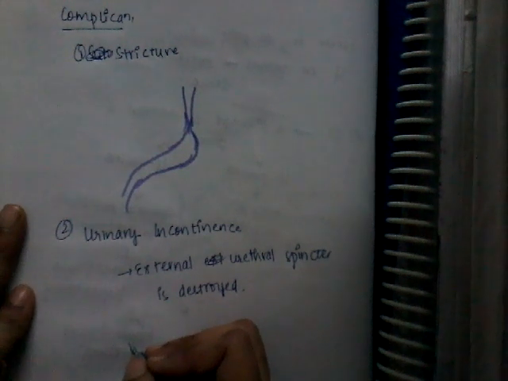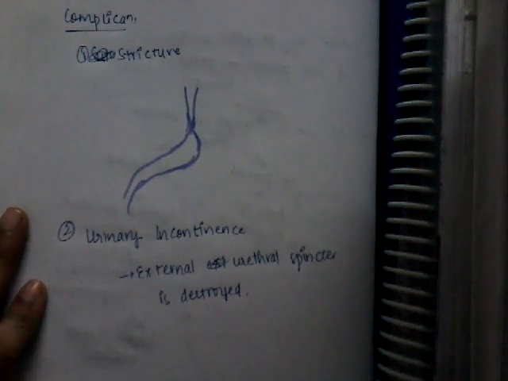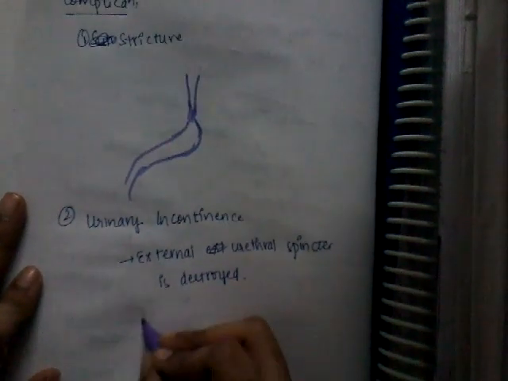The continence of urine majorly depends upon the bladder neck, because the external urethral sphincter is destroyed.